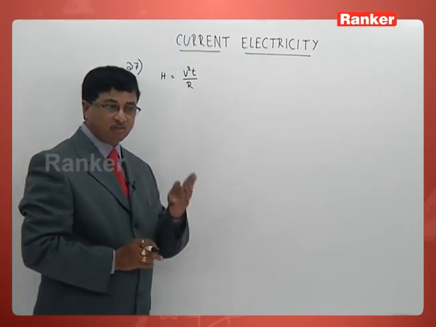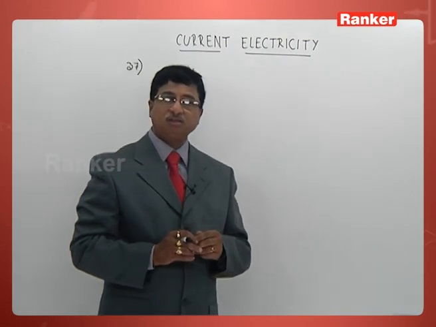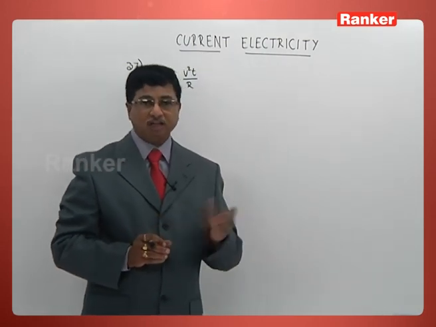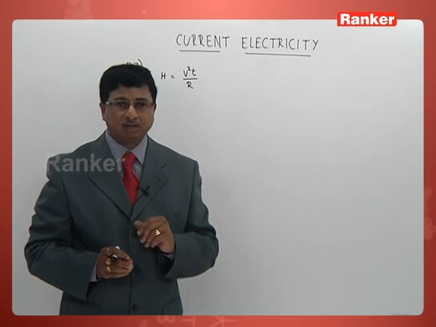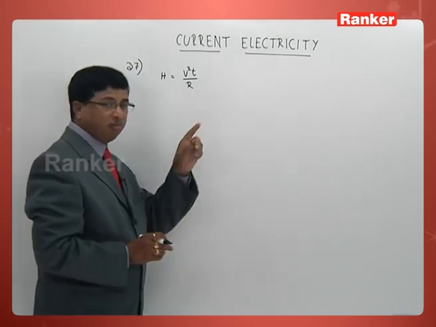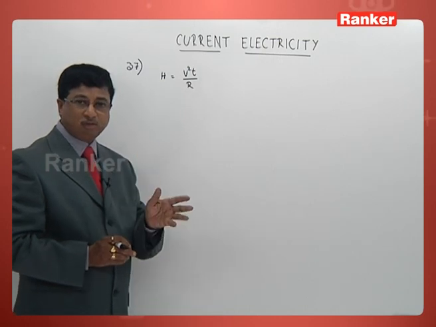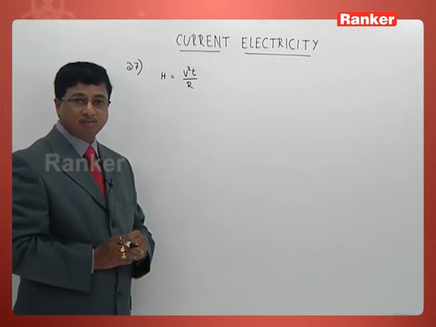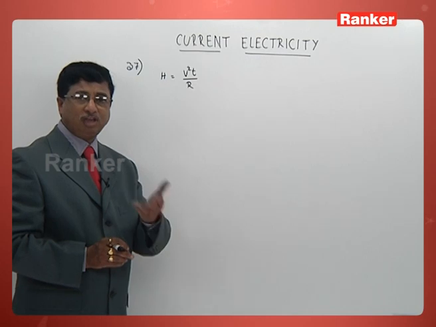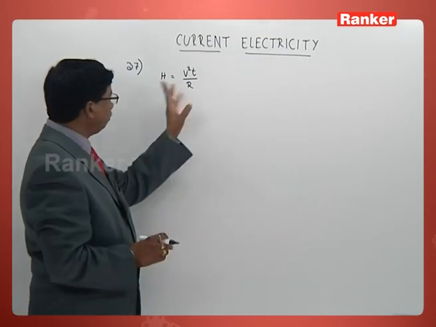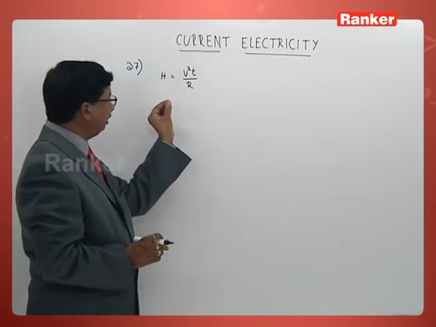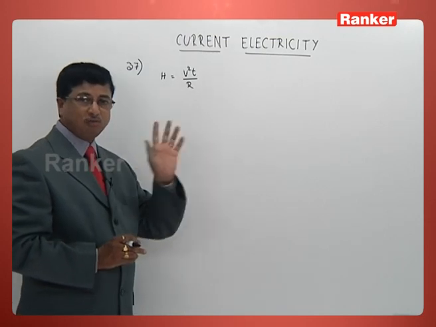We have discussed 3 different formulae for electric power earlier: VI, I square R, and V square by R. Power into time gives you work done. Work and heat energy are equal in SI units, they have the same units. So H is equal to V square T by R. That is what we have to consider.